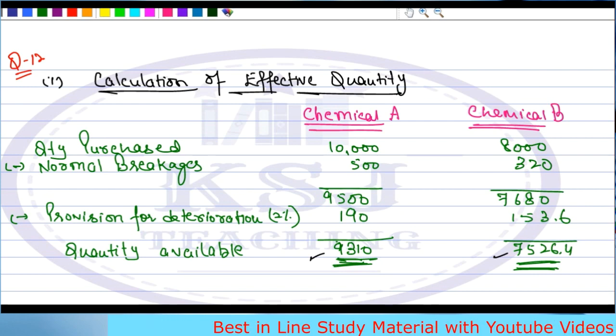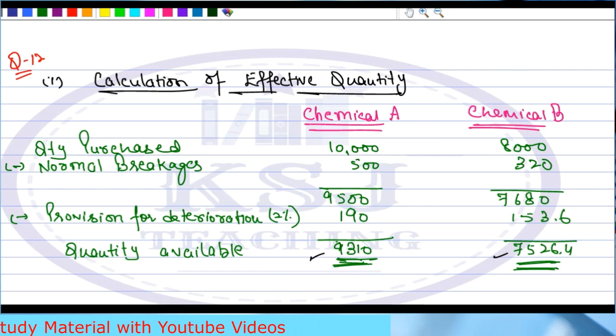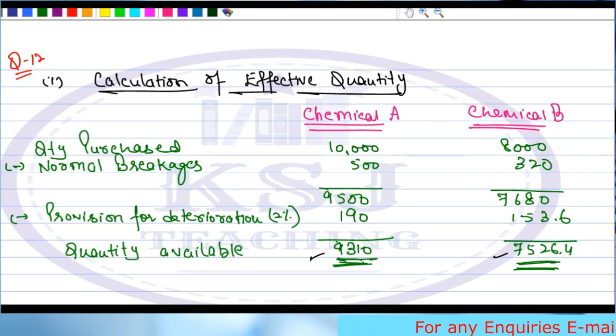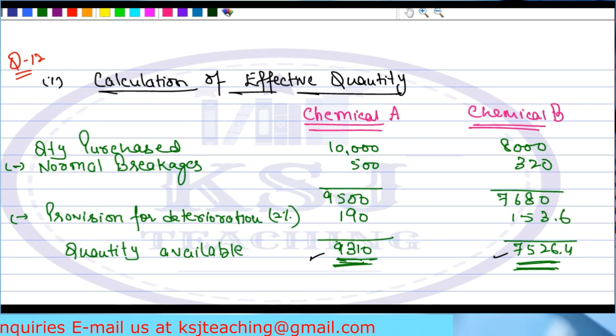So, sir, in case there is an abnormal loss, then what do we have to do? Sir, the units of abnormal loss will not be reduced from the quantity purchased, right? Whatever the amount of abnormal loss, that will be charged to the costing profit and loss account directly. That will directly impact your profit, right? So it is to be charged directly to the profit and loss account. No impact will be done here.